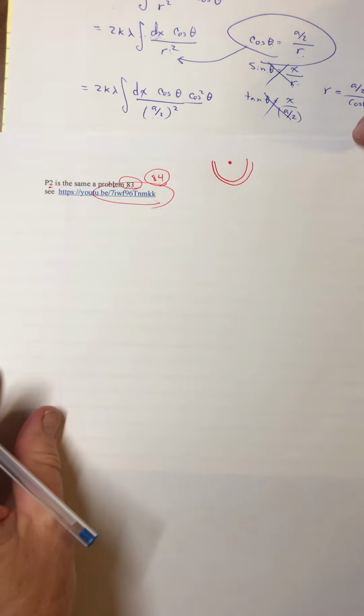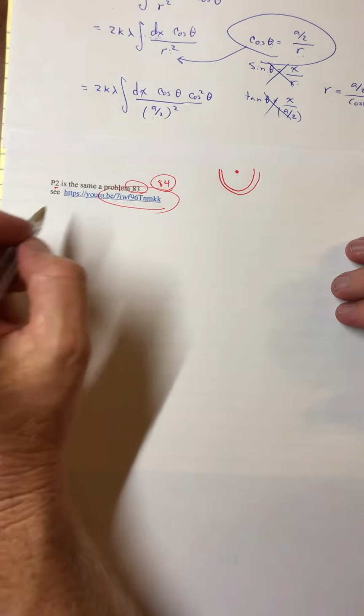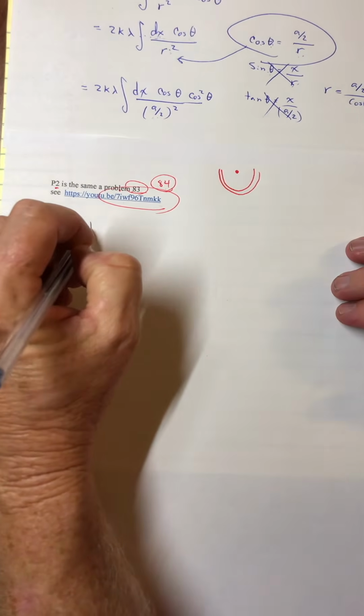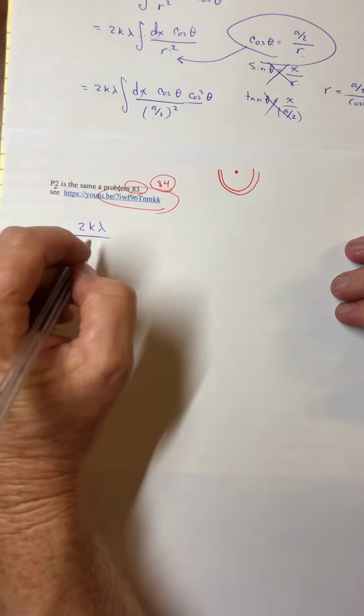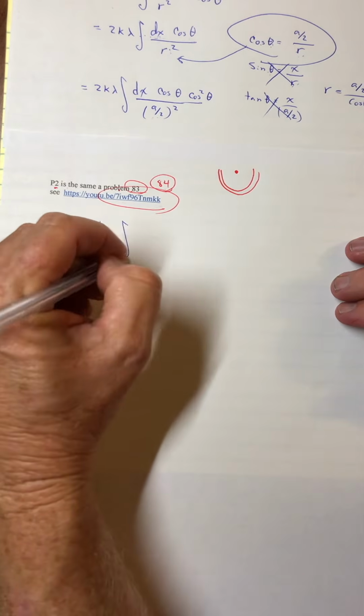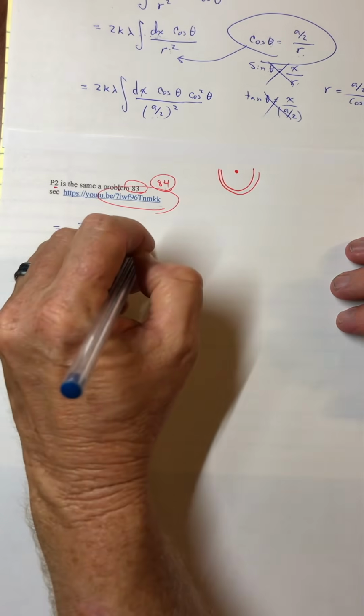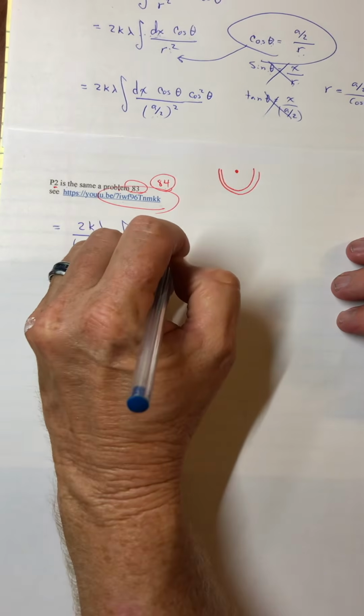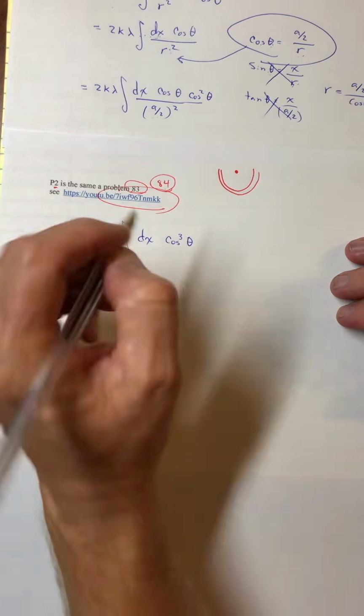Okay, so at this point, what do I have? So I've got a 2k lambda, and I'll bring this a over 2 squared out in front. I got a dx, and I got a cosine cubed theta.